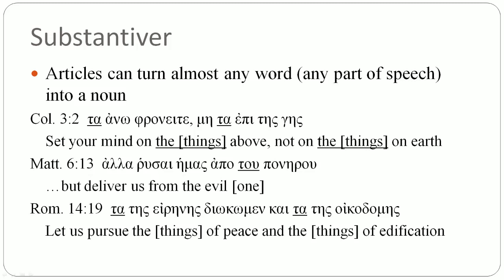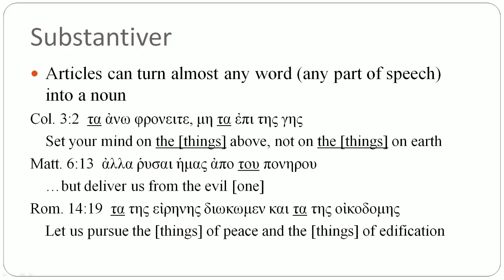All right, so you see those articles, they're just kind of sitting out there by themselves. They're not really being used with anything. And in Romans 14, verse 19, it can't be associated with tes eirenes and tes oikodomes, because those are both genitives. And so that ta is doing the work of a substantive, or the work of a noun.